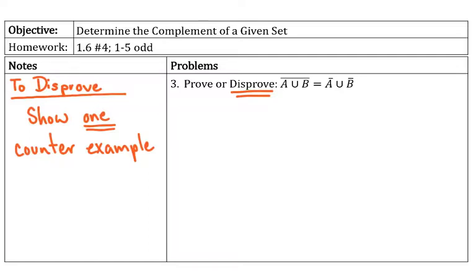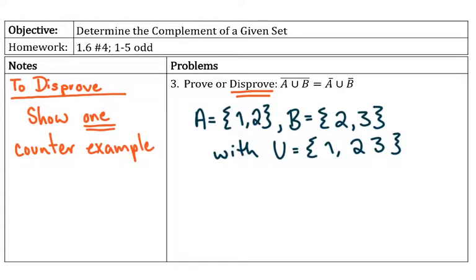I'm going to say that A is equal to the set {1, 2}, B is {2, 3}, with a universal set of {1, 2, 3}. Now, as I said, we can show that this is disprovable really quickly. Let's compare this first set, the complement of the union, where the union is {1, 2, 3}.